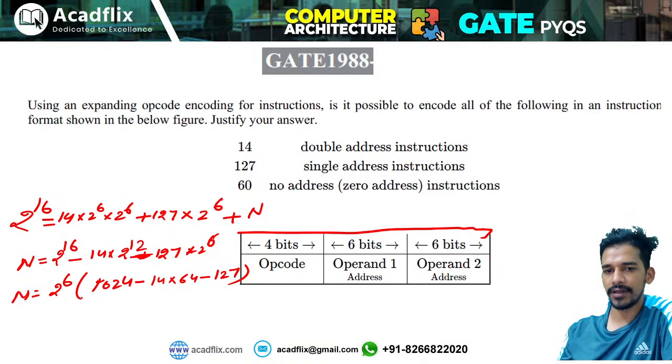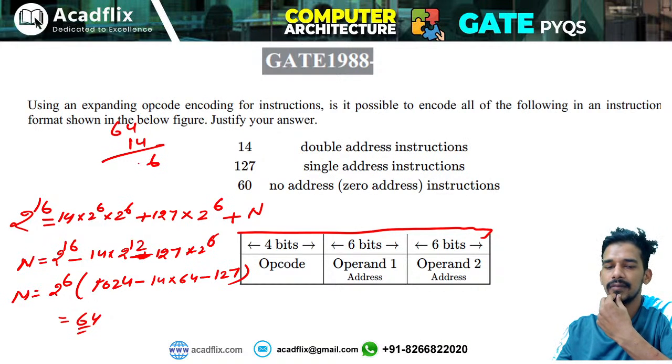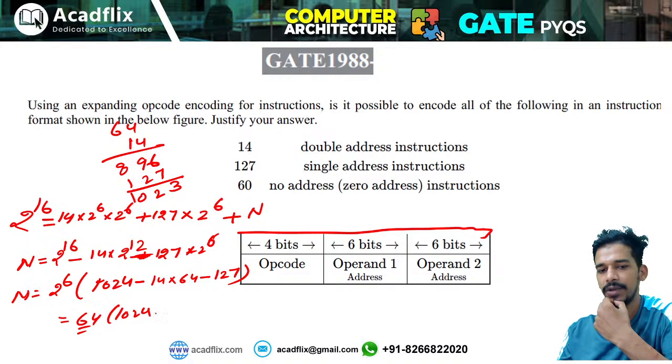Okay, 14 into 64 will be 896 plus 127, 1023. 1024 minus 1023. This will be equals to n equals to 64 into 1, that is 64.